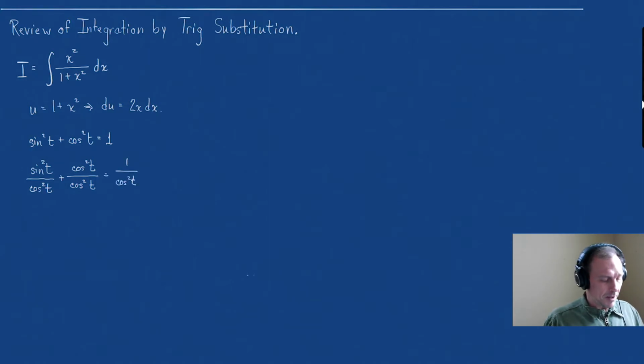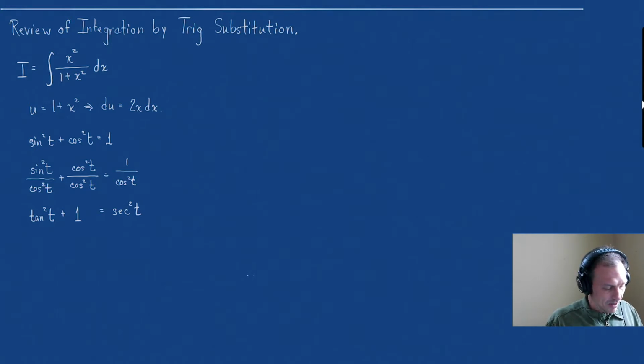Let's clean this up. That first fraction is most commonly written as the tangent squared of t. Cosine squared divided by itself is just 1. And this is equal to the secant squared of t, since 1 over cosine squared of t is secant squared of t.